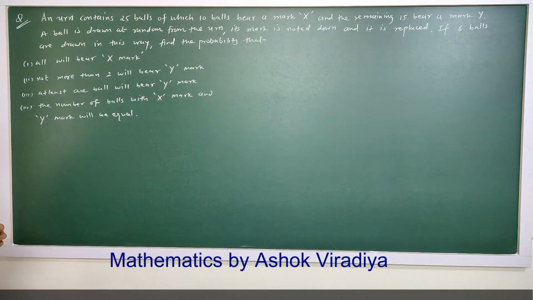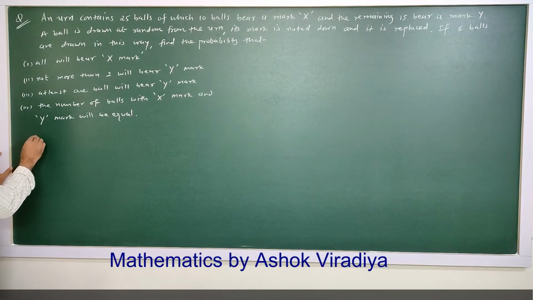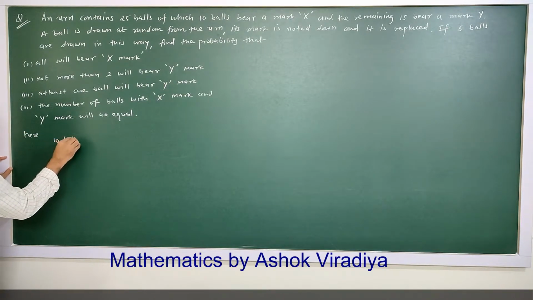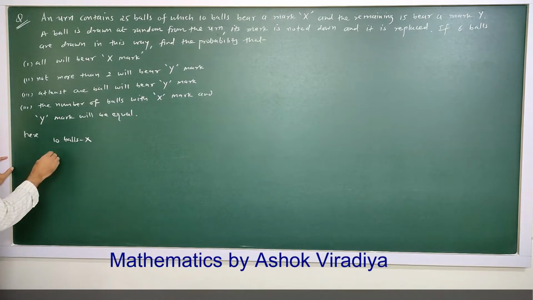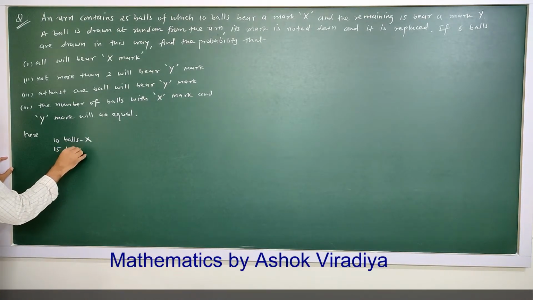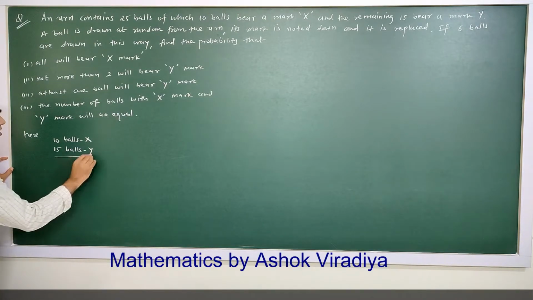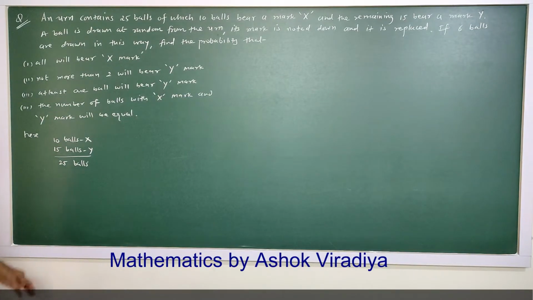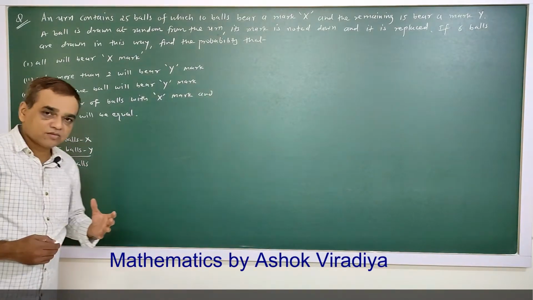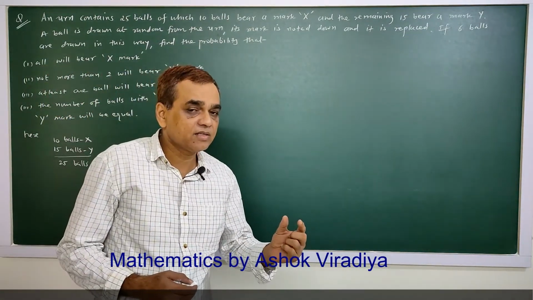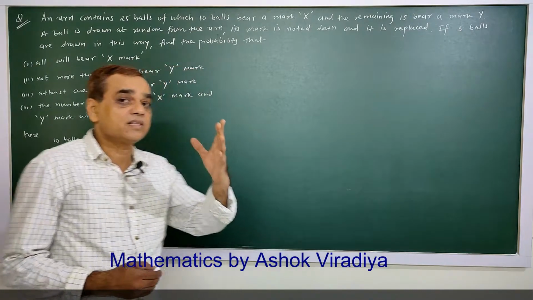So here in this experiment, in this urn, there are 25 balls, out of which 10 balls bear X mark and remaining 15 balls bear Y mark. Total there are 25 balls. Now a ball is drawn. We suppose that a ball drawn bearing mark X, we consider this event as success.